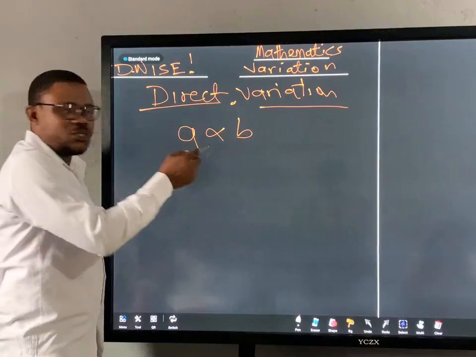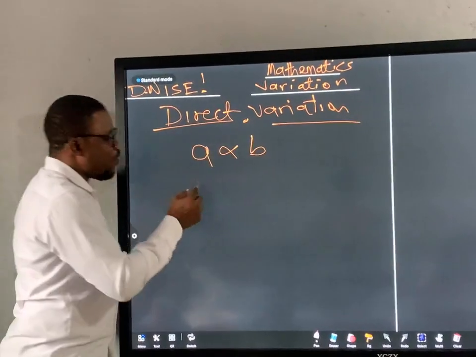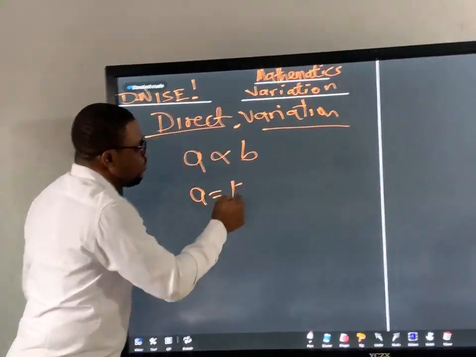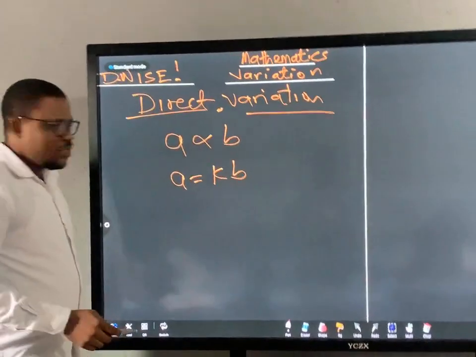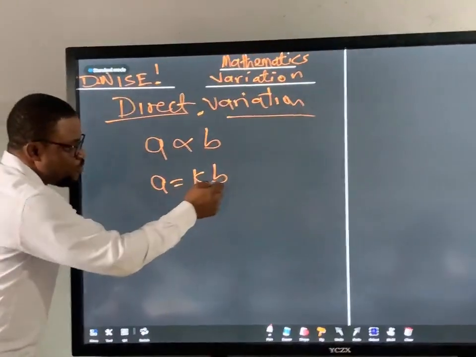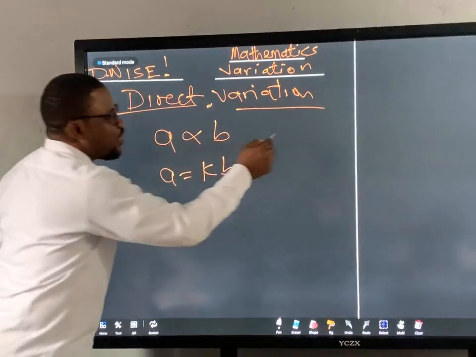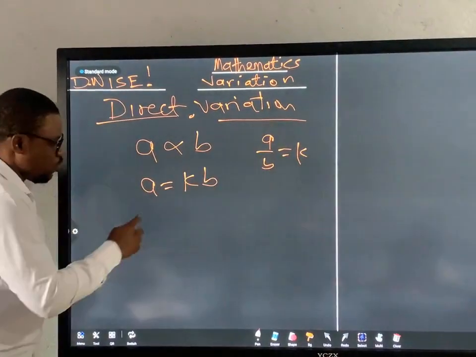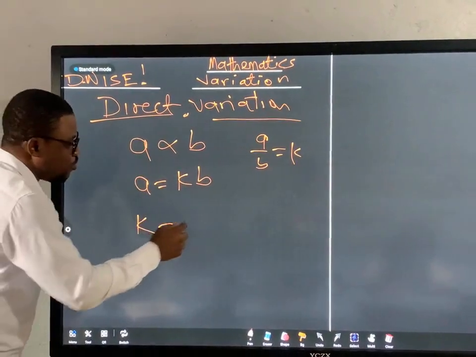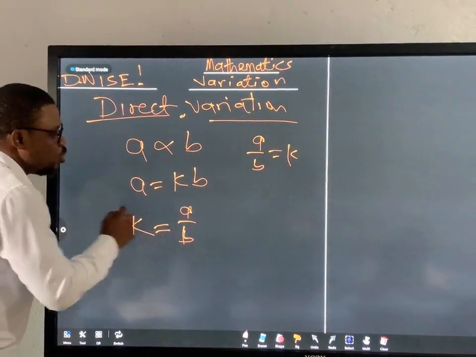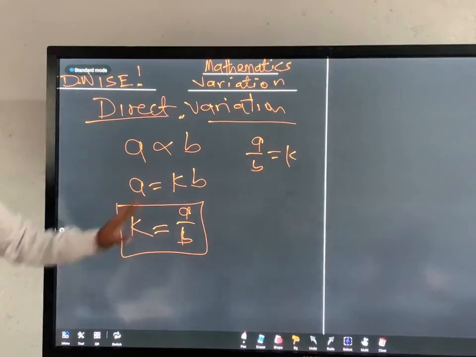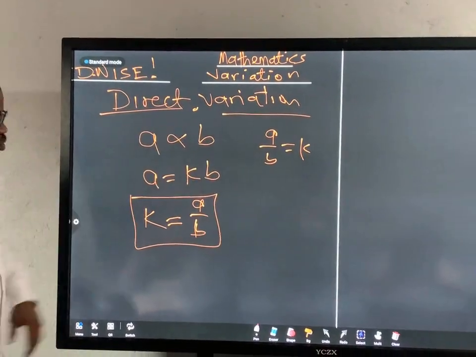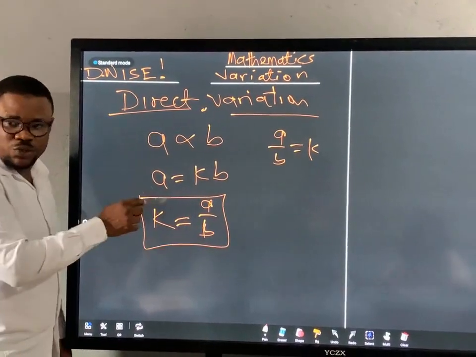If I change the sign of proportionality into a sign of equality, I'll have A equal to KB. If I make K the subject, B will come down, so I end up getting A over B equal to K. If I rearrange, K is equal to A over B. So, other factors being constant, we're going to have a constant ratio.